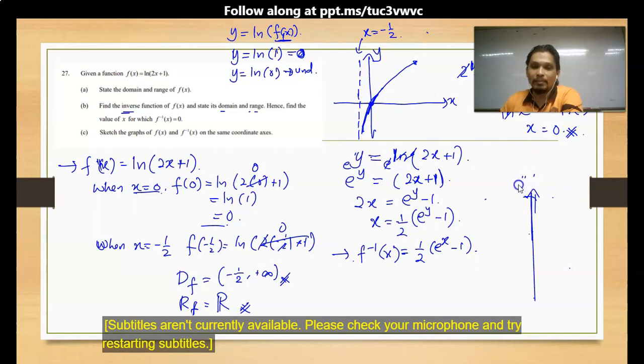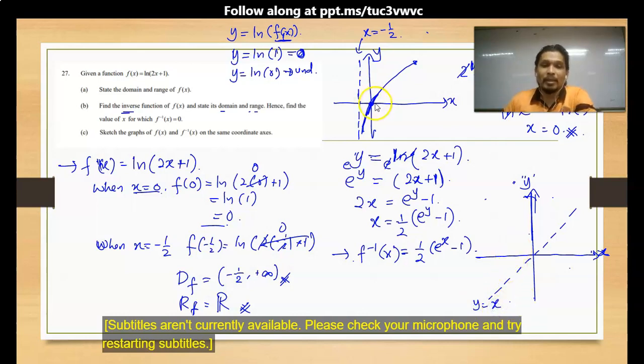Okay, this is x and this is y. So a line of y equals x.